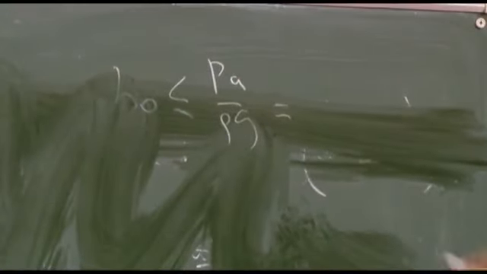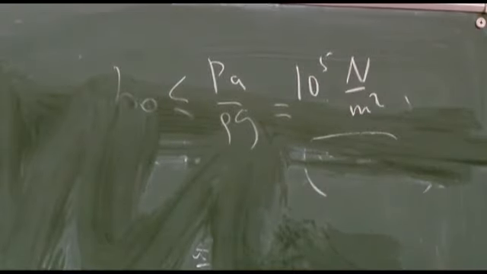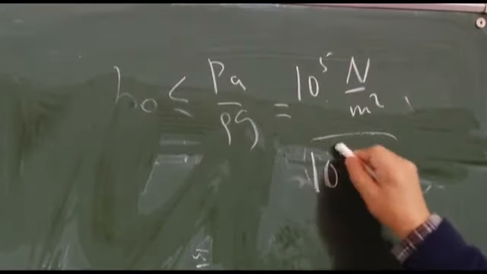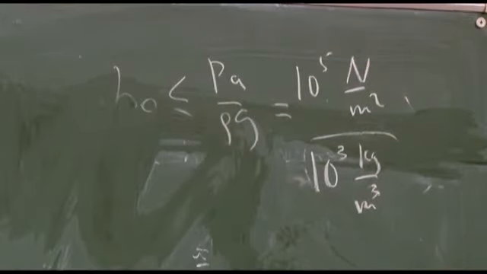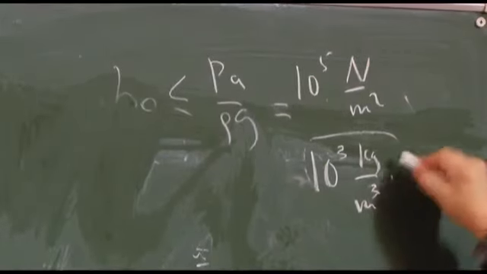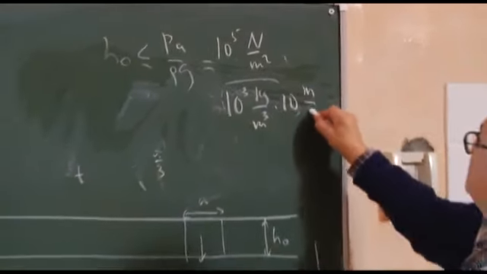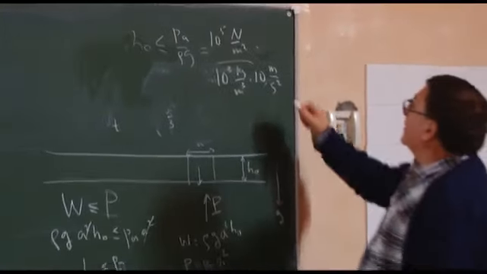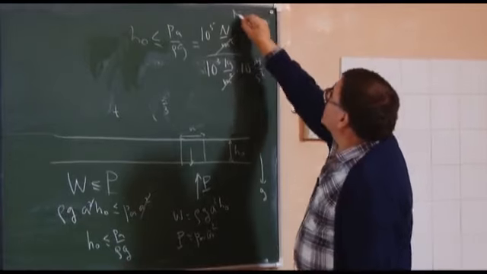One atmosphere is 10 to the 5th, in Newton per meter squared. Rho, let's take water, is 10 to the 3rd kilogram per meter cubed, times G, let's assume 10 meters per second squared.